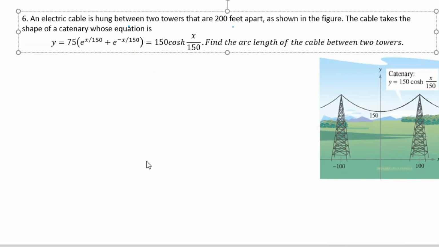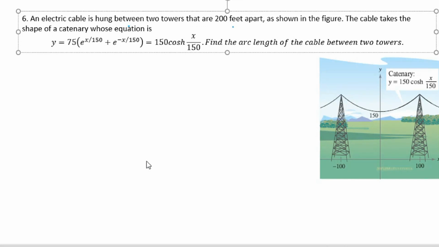Okay, number 6. An electric cable is hung between two towers that are 200 feet apart, as shown in the figure. The cable takes the shape of a catenary whose equation is y equals 75 times e raised to x over 150 plus e raised to the negative x over 150, which is equal to 150 hyperbolic cosine of x over 150.